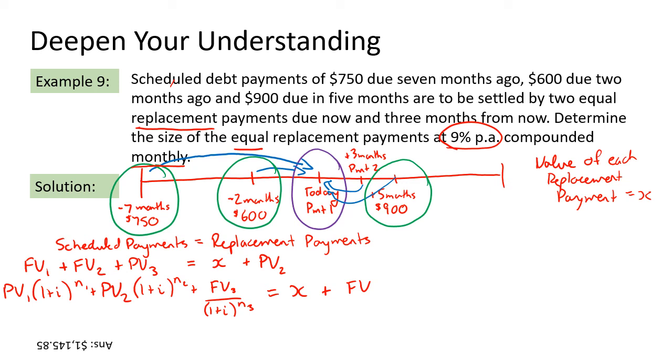Okay, so future value of that payment, which remember, that is the same as x, divided by 1 plus that interest rate all to the exponent n. I'll call this n4, or the fourth compounding period. So you'll notice that instead of placing future value in here, I placed x, right? And that's because the payments are equivalent. Okay, so the payment that you're paying today and the payment you're paying 3 months from now are the same.